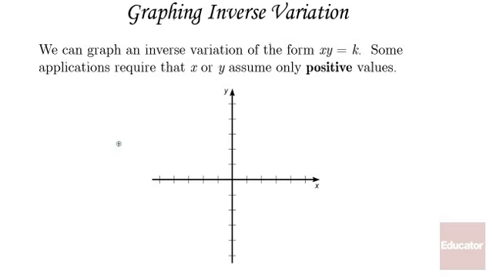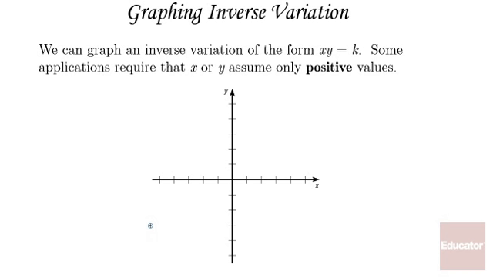Okay, just as we graph direct variation, we can also graph inverse variation. And if we use the form xy equals k, we can form a graph by finding values for x and y. As I mentioned, there are a lot of real-world applications to inverse variation, and some of these applications require that x or y assume only positive values.